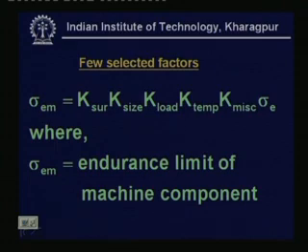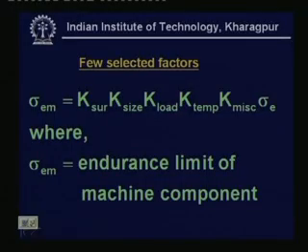Among the few selected factors, we are concerned about KA, the surface factor, one is the size factor, another is the load factor, another is the temperature factor. Among the miscellaneous factors, we can have a corrosion factor, a chemical composition factor, a reliability factor, and so forth. We are categorizing all those factors listed under Marin classification under the name of K miscellaneous.